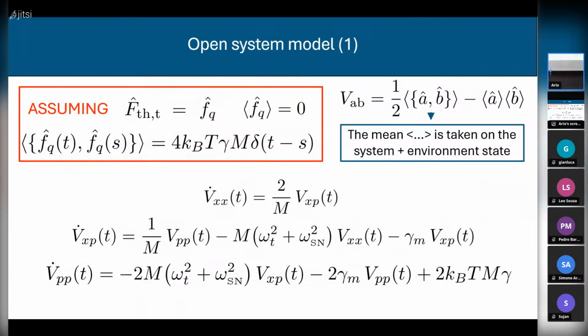One possibility, which will be the one we are going to look at, is we take this noise to be an operator acting on the environmental degrees of freedom, with these statistical properties: it has mean 0 when averaged on the environment and has this kind of correlation function, which is related to the temperature of the environment.